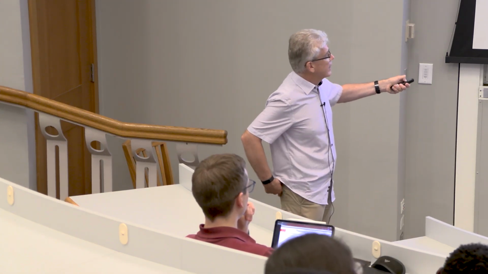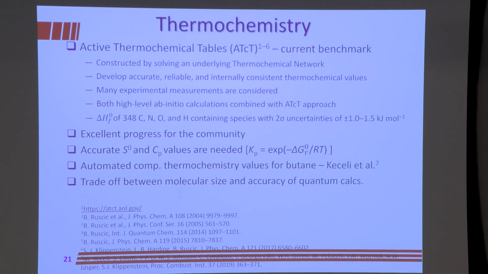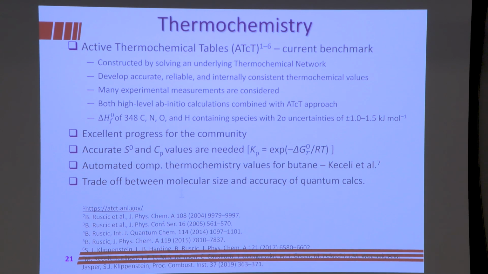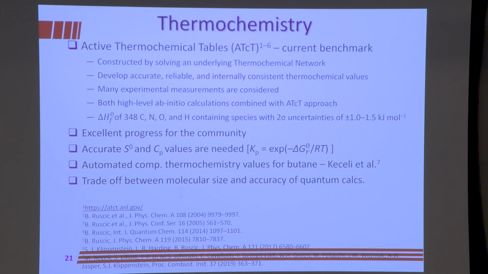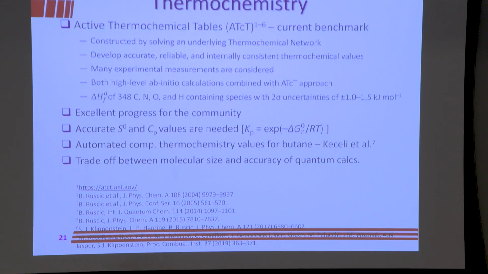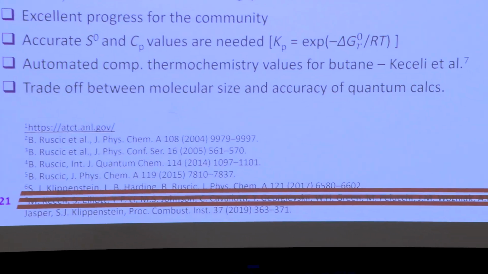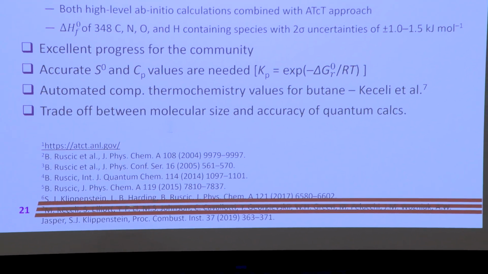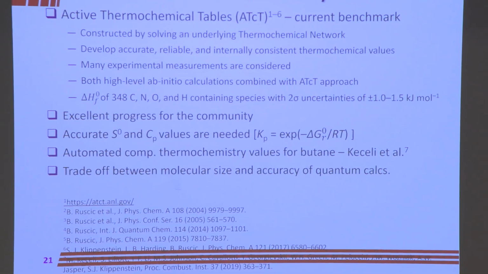And then there are automated computational thermochemistry codes now. So, for instance, Cavallotti, working with a group at the Politecnico di Milano in Milan, and Stephen Klippenstein's group at Argonne, published a paper from the symposium in Dublin in 2018, 2019, where they used thermochemistry values calculated automatically from a code, right?